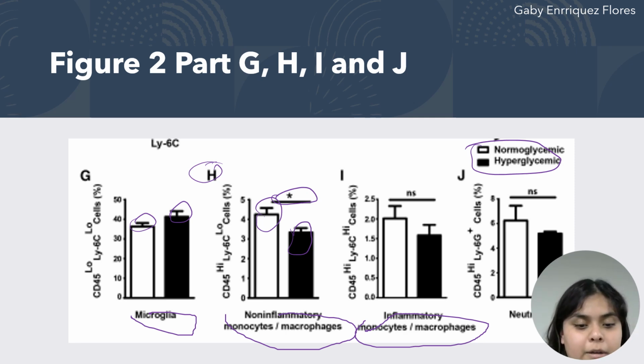That might be a reason why there's a change. But for H through J, we can see that hyperglycemia causes these three to have lower expression.